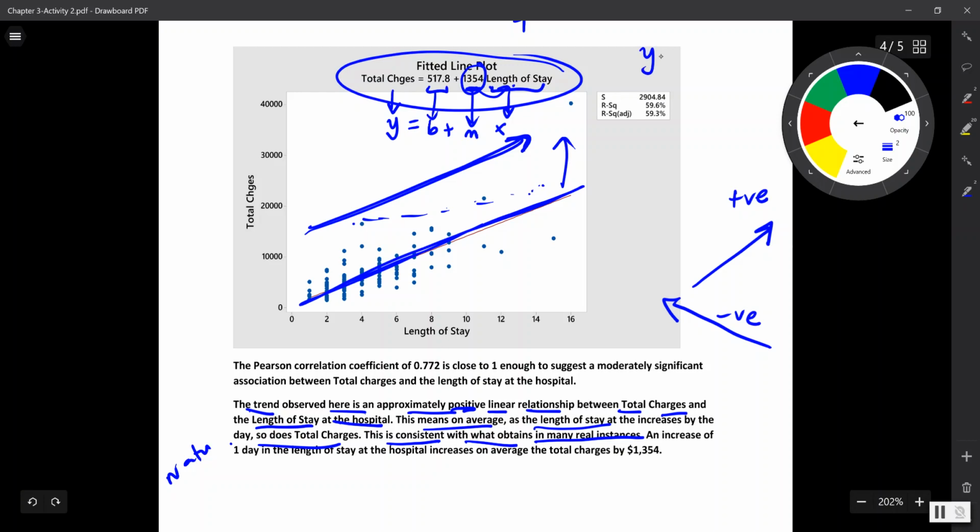Do you remember the famous y equals mx plus b? So this begins to tell you that this is the slope. The slope indicates that when it is positive, because of the positive slope, every time length of stay increases by 1 day, total charges would respond with an increase of $1,354.